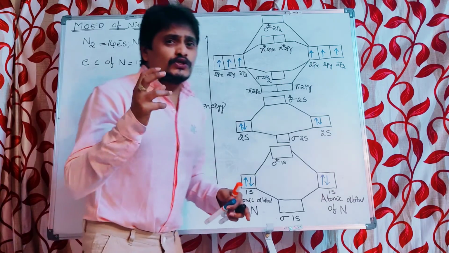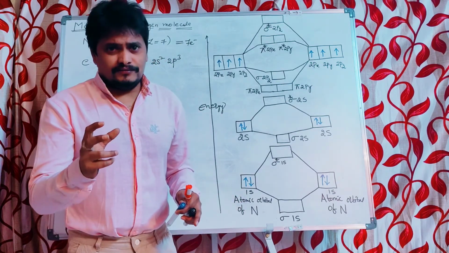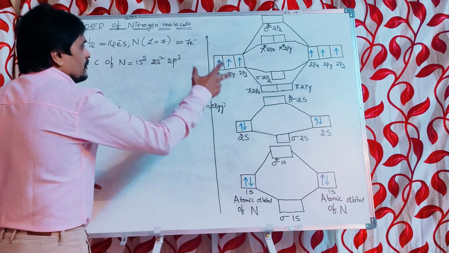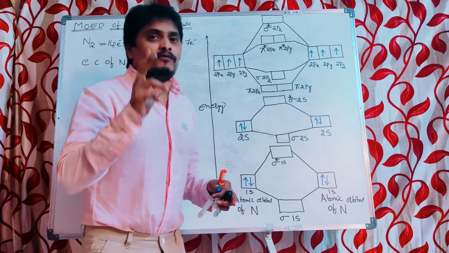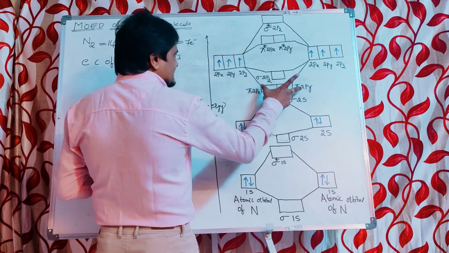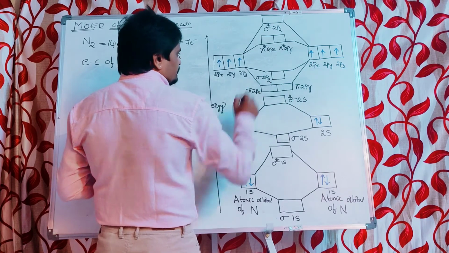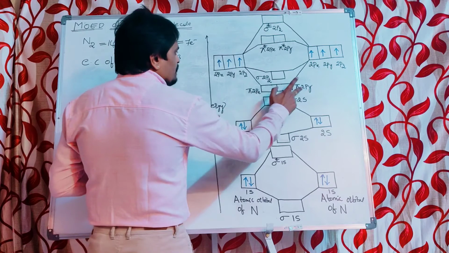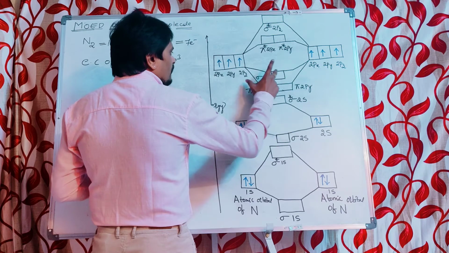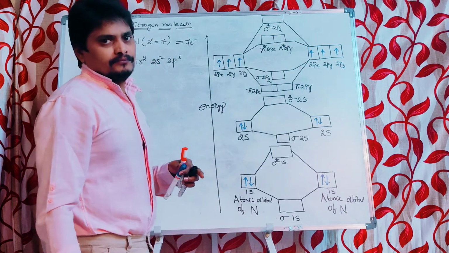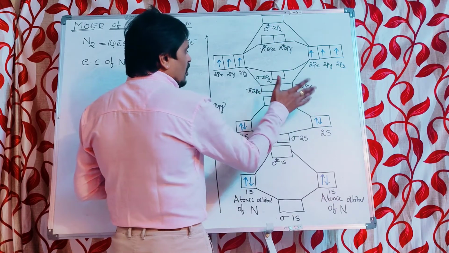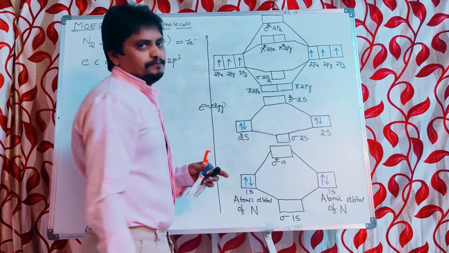Now what we need to do, students, is fill the 14 electrons in these molecular orbitals. And here, if you talk about these six molecular orbitals, pi 2px, pi 2py will be in front of the sigma 2pz.